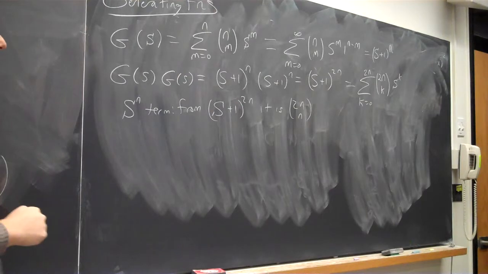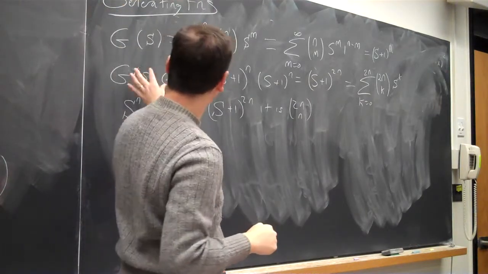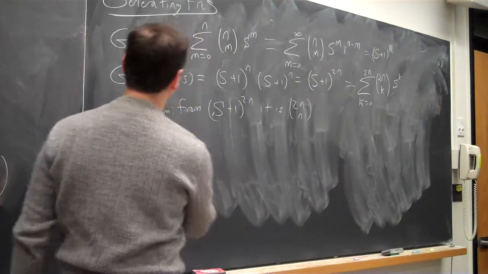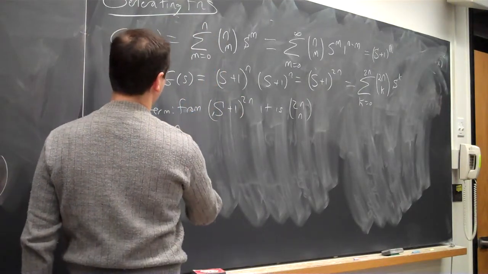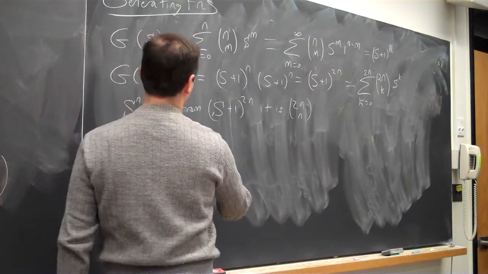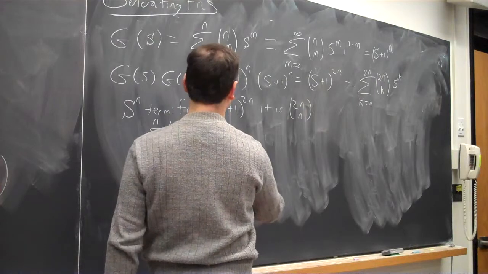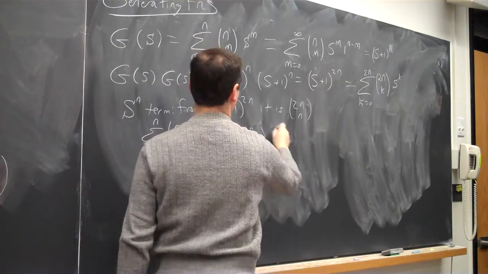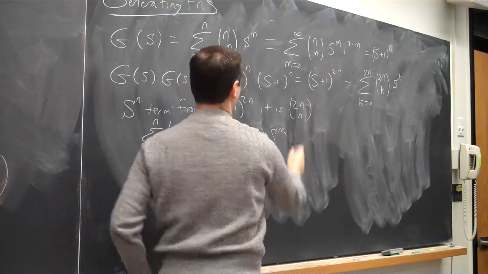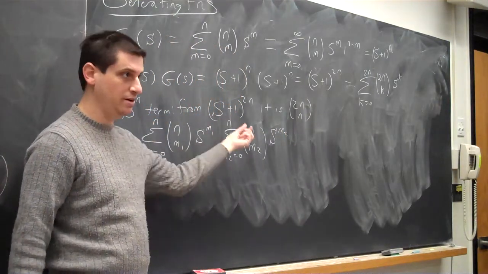Right? And if I look at it from here, if I take g of s times g of s, I'll have the sum, m1 goes from 0 to n, of n choose m1, s to the m1, times the sum, m2 goes from 0 to n, of n choose m2, s to the m2. How would I get a term where s is to the power n?